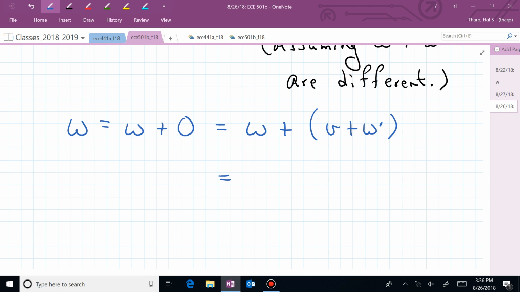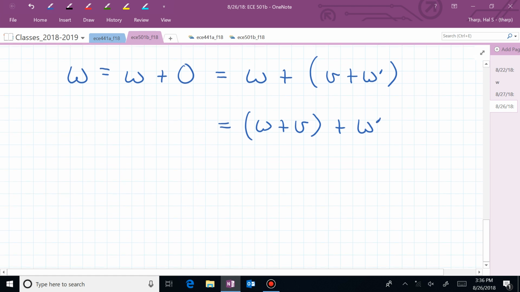Let's now group W with V before we then add it to W prime. But now we've already assumed that W is also an additive inverse of V, which allows us to say that 0 plus W prime is on the right-hand side, but that's just W prime.